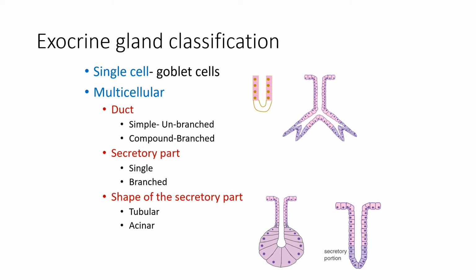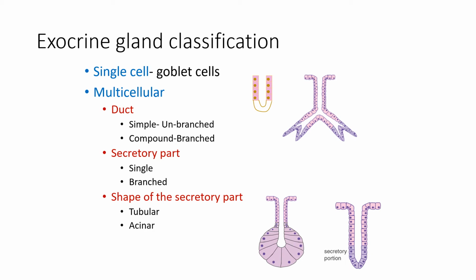Now we will go on to more details of exocrine gland classification. Initially you can divide it into two, single cells and multicellular. So a single cell example would be a goblet cell. Now a goblet cell is a special cell which is designed to secrete mucus.